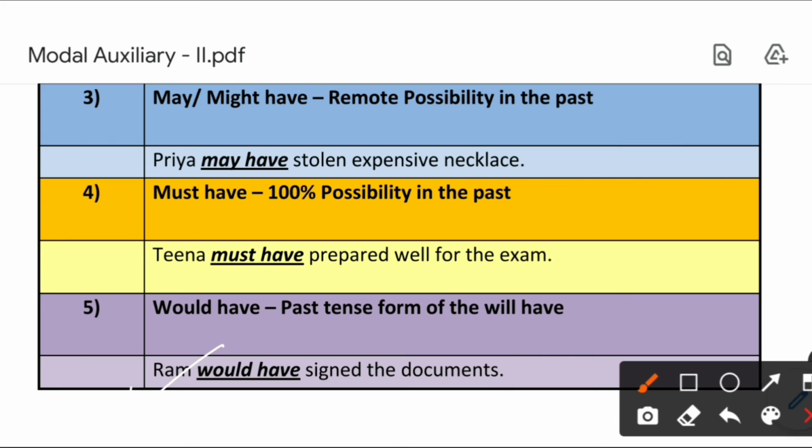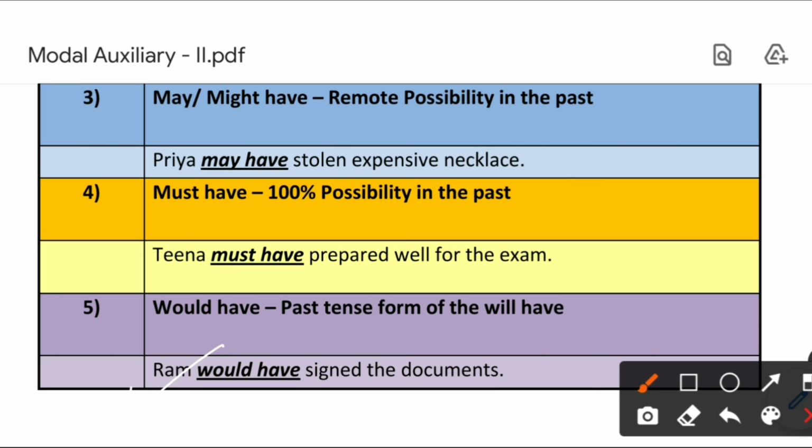Okay, and when we use this, Ram would have signed the documents, that means he would have done that, but he did not. That means it was possible for him to do that, but he did not. It was possible for him in the past, he would have done that. So in that case we use would have.